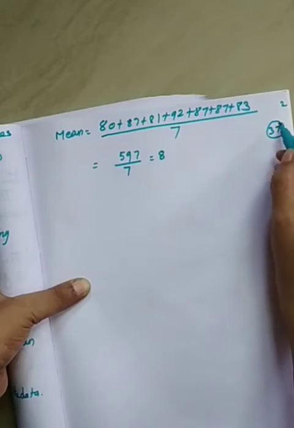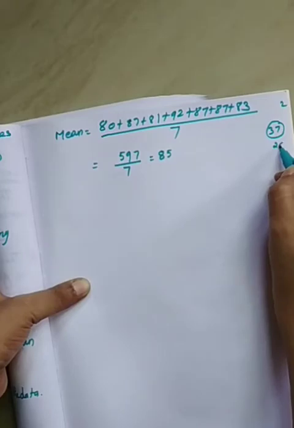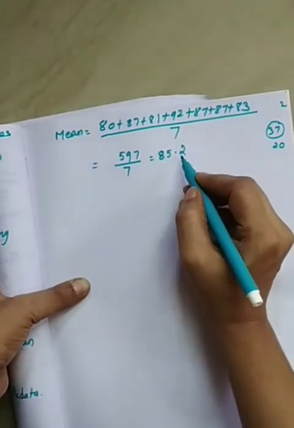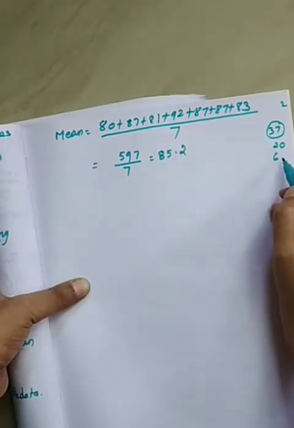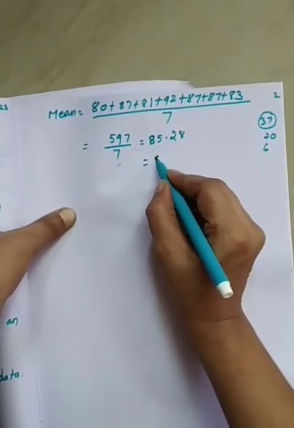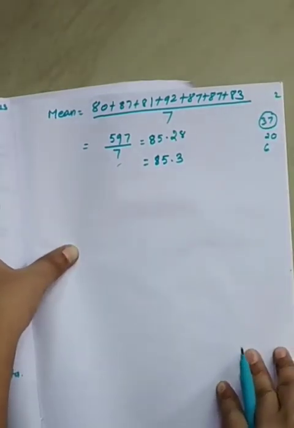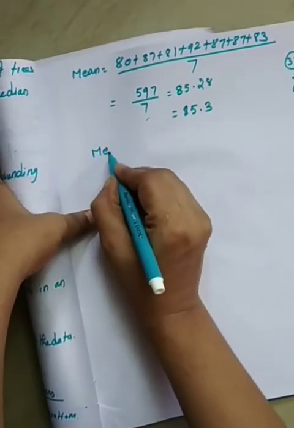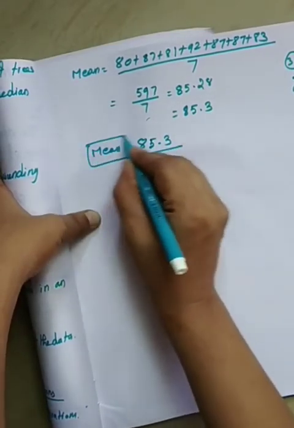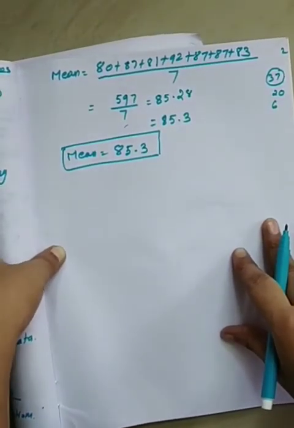How many 7s are there? 5, 35, remainder 2. And then you can put point 0. How many 7s are there? 2. Okay, and then 6. You will get 8, and so on. So we have to write 85.3. Okay, so the mean value is 85.3. Everybody clear?